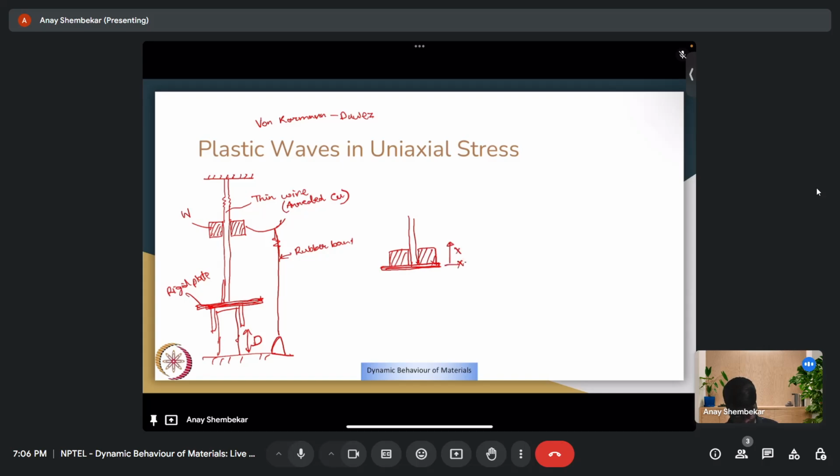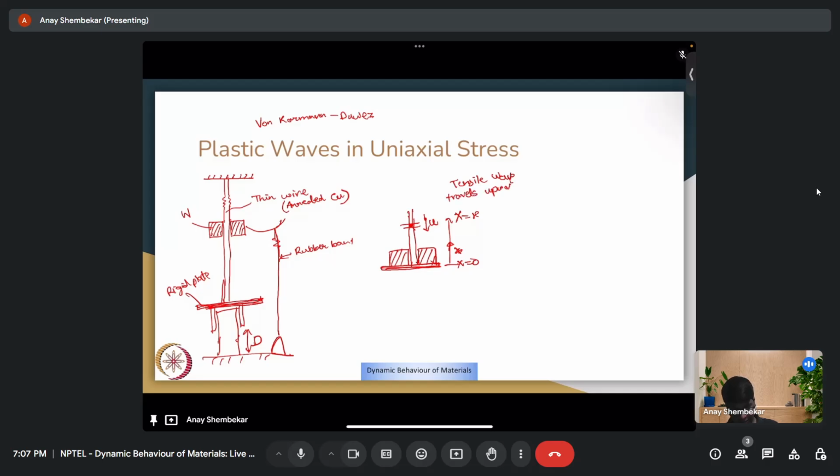So this is x equals 0, and at x equal to small x, let the displacement be u. So there is a tensile wave. The thin wire is being elongated, so a tensile wave is generated which travels upwards.